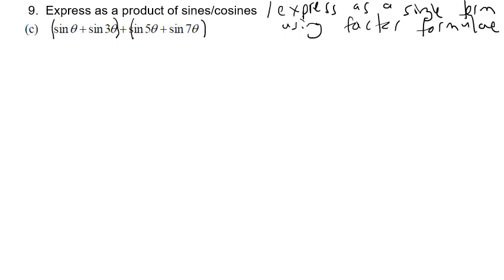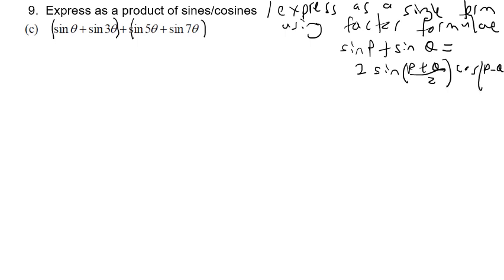So look, the factor formula that we're using, remember, is sin P plus sin Q equals 2 sin (P plus Q) over 2 cos (P minus Q) over 2. Okay, so we are using this formula. Look at the first one.